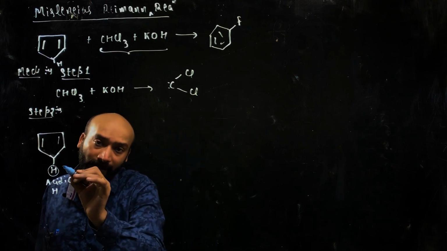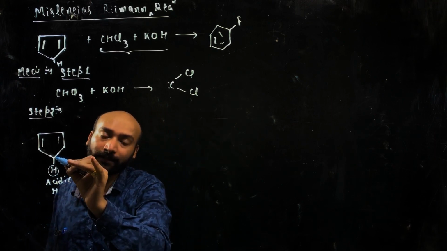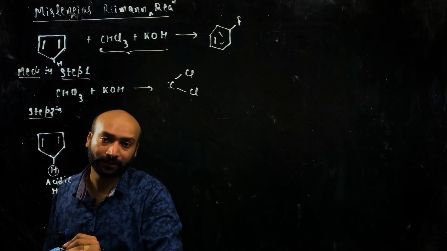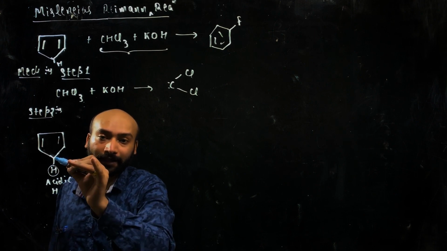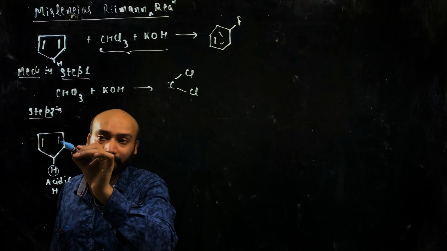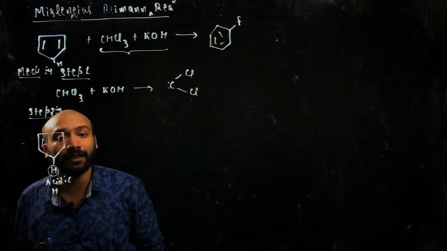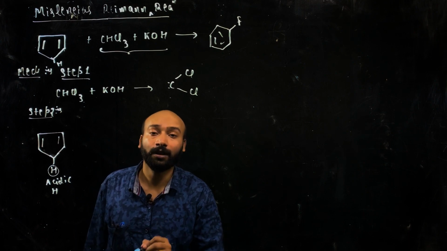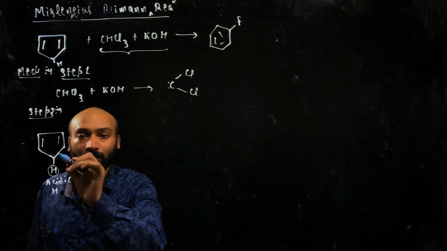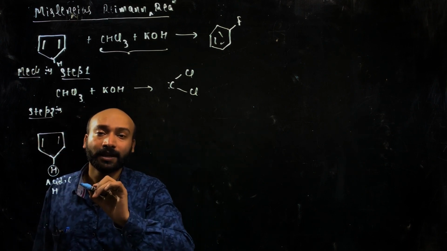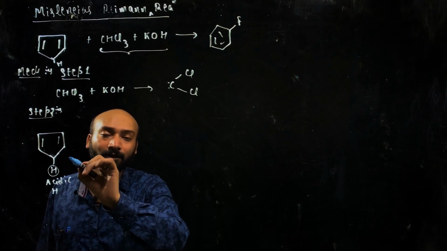Because when this hydrogen is removed, the carbon contains the negative charge, and after gaining the negative charge, this ring contains 6 pi electrons. Everyone knows that this follows Huckel's rule: a cyclic molecule, with conjugation, planar, and following Huckel's rule.